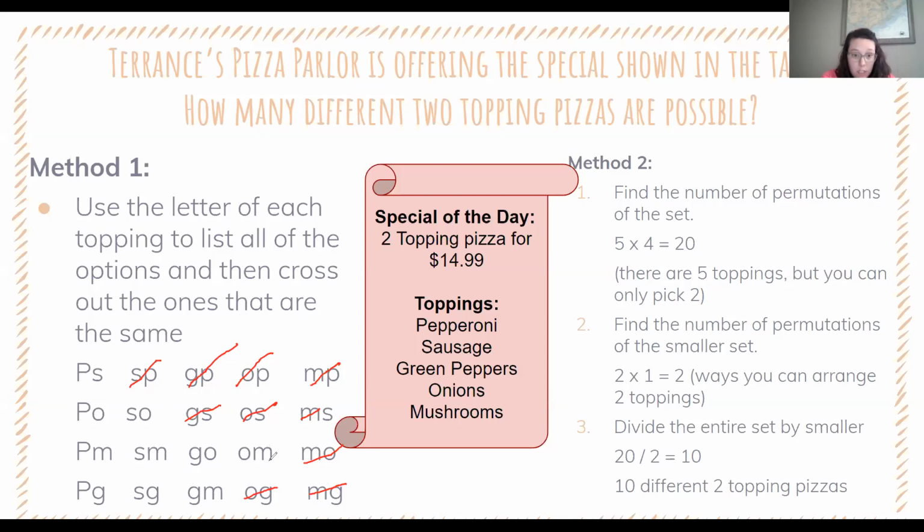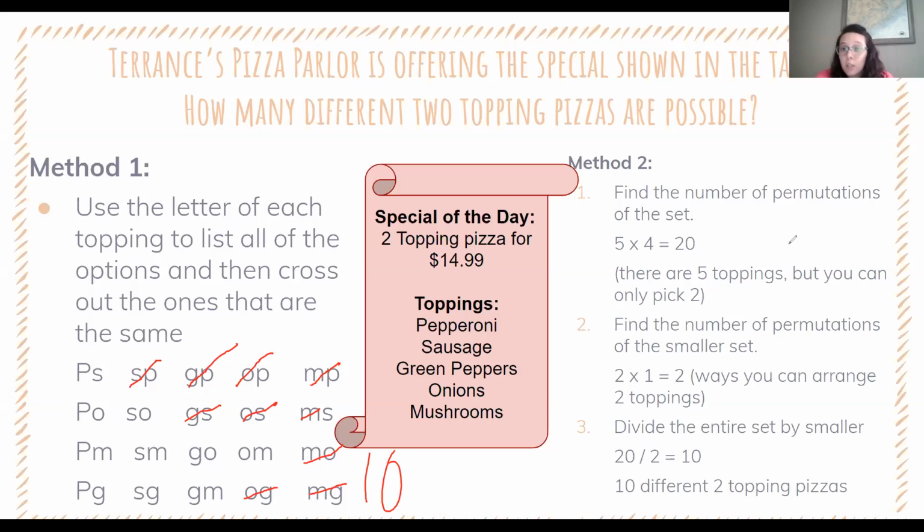Okay, so everything should be listed one time. If you now go back and count all of these, you have 1, 2, 3, 4, 5, 6, 7, 8, 9, 10, and that is your answer. You have 10 possible ways that you can make a pizza out of these 5 toppings.